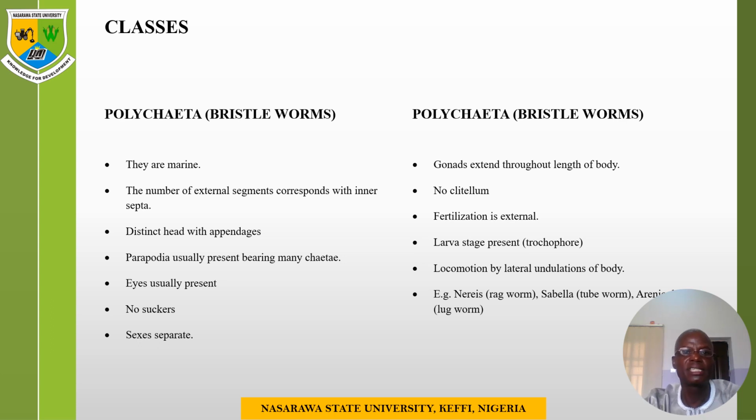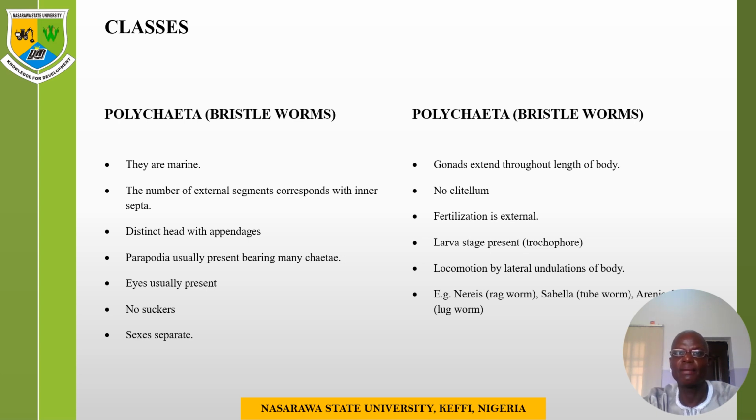They have a distinct head with appendages. The parapodia are usually present and bearing many chaetae. The eyes are usually present, they have no suckers, and the sexes are separate.